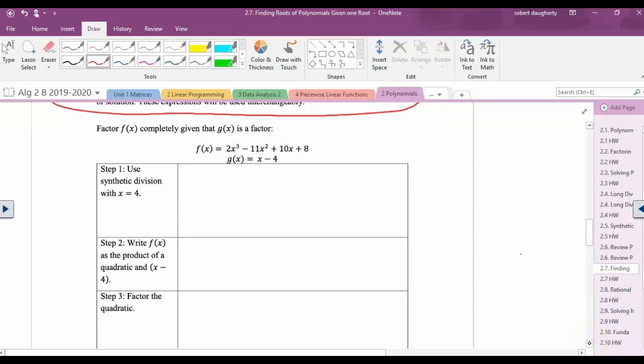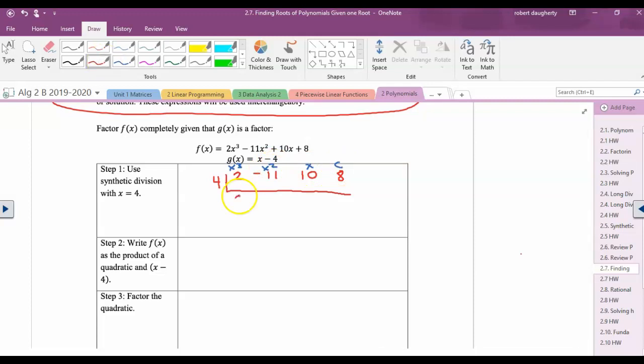So if I need to factor this thing completely, I know that x minus 4 is a factor. I'll do synthetic division. What number goes on the outside? 4, okay? So I set this up with 2, minus 11, 10, and 8. And I always just double check. This is my x cubed, my x squared, my x, and my constant.